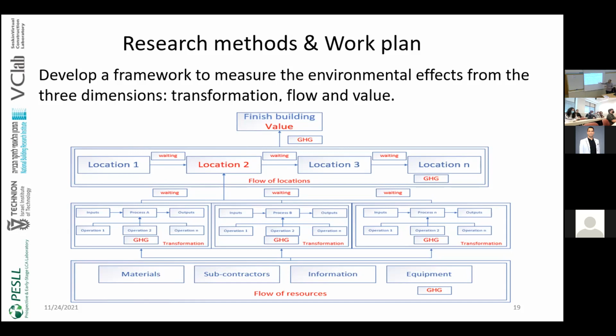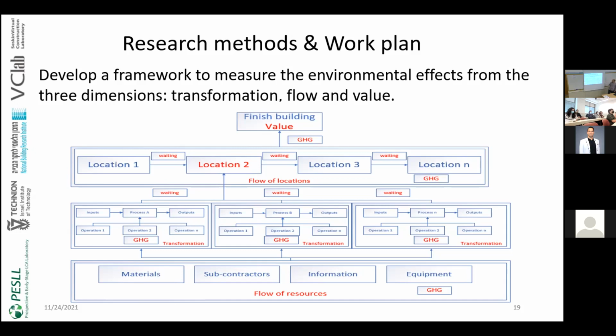So for example, process A represents the main structural system, which also has different operations. Also the same thing in process B. For example, it's building the partition wall. So when we say building the partition wall is the process, it has different operations like building, cutting, moving the block, marking out, insulation. So all these processes will be the input for the different locations. The locations are the flow in order to achieve the finished building, which is the value.